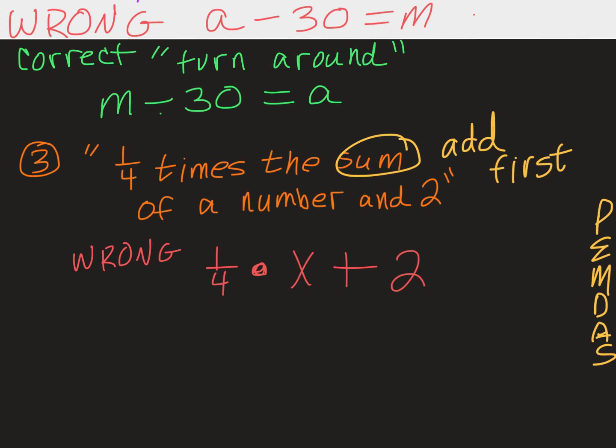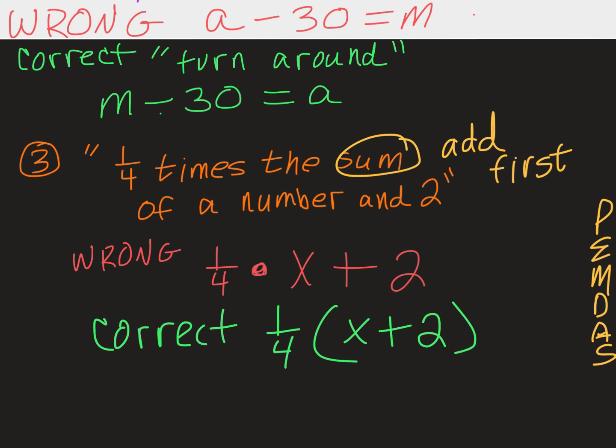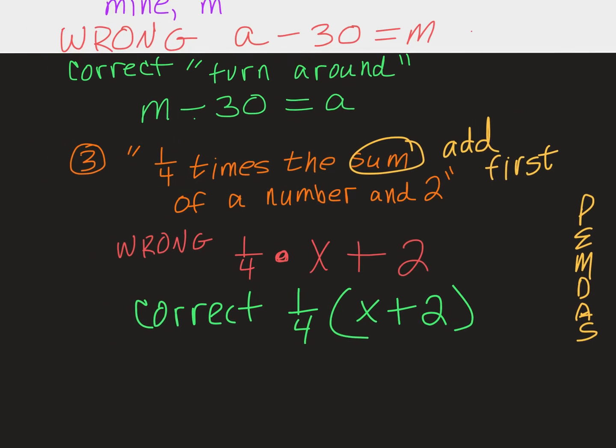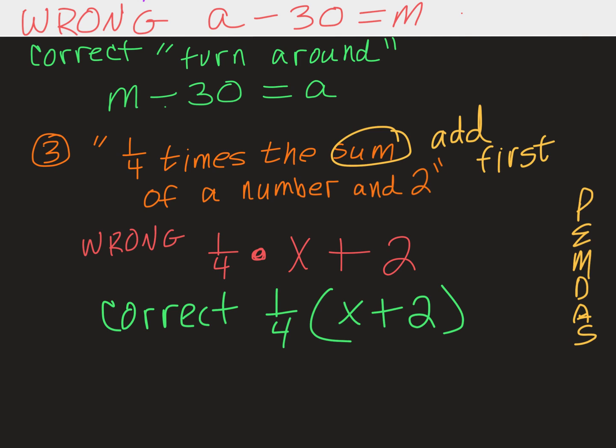So to correct it, I just need to make a small addition. I'm still going to put 1/4. I'm still going to say x plus 2. But in order to make it clear that I need to add first, I'm going to put parentheses around it. If I don't have a sum to start with, I can't take 1/4 of the sum.